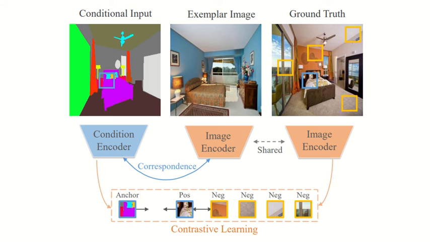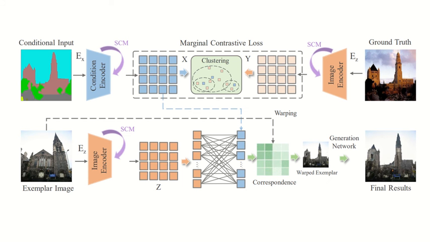Each input feature vector is treated as an anchor, while the feature vector in the same spatial location is treated as the positive sample and the remaining feature vectors as negative samples, by maximizing the mutual information between condition features and image features.